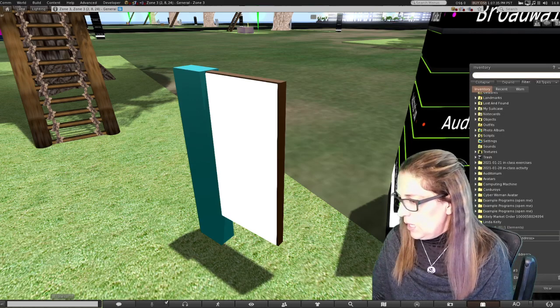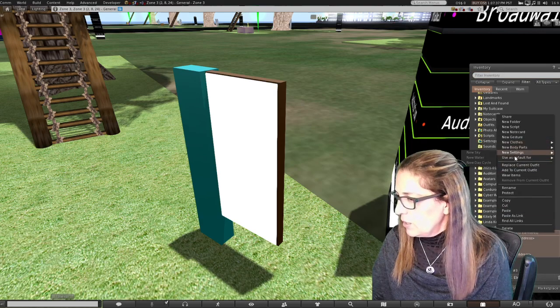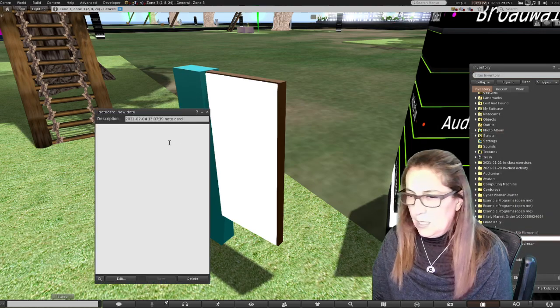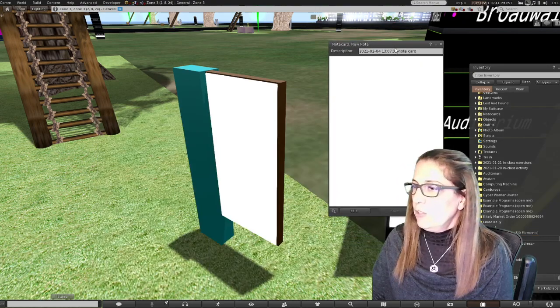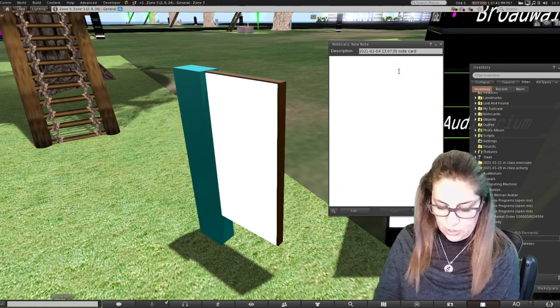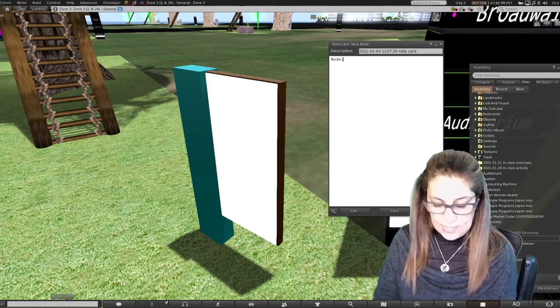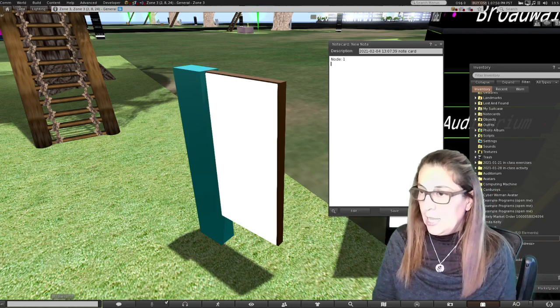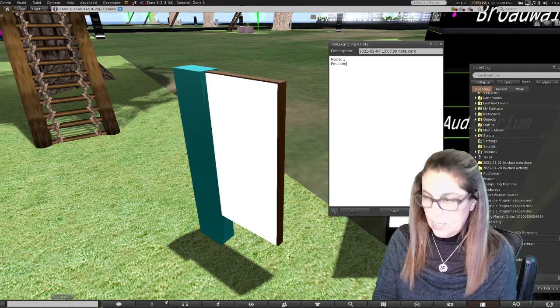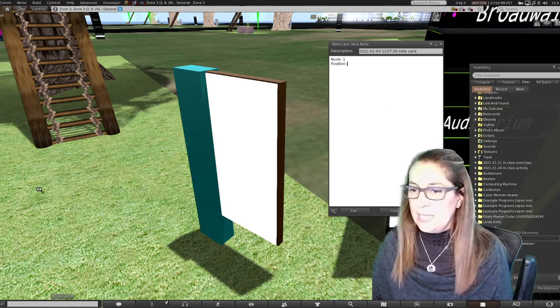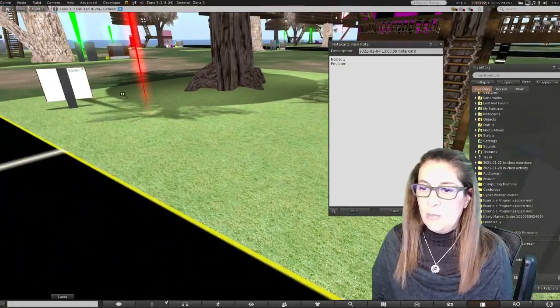So let me create a note card over here. The note card is supposed to have two parts. You just say the node and then the column, and it's going to be the identification, so node 1, and then it's going to have position and then XYZ. So for this, I need to know the XYZ of that terminal.